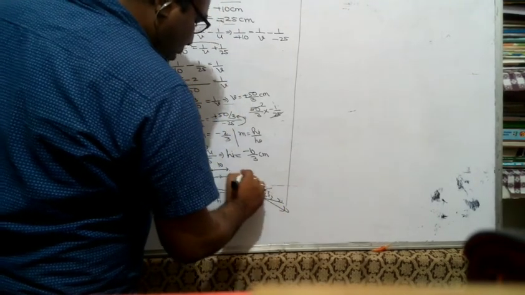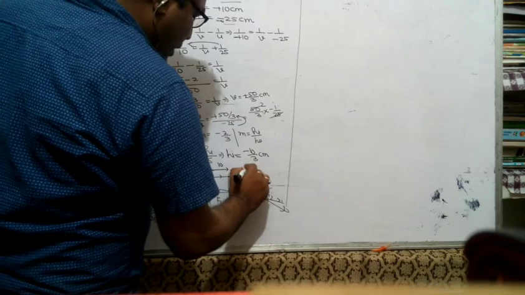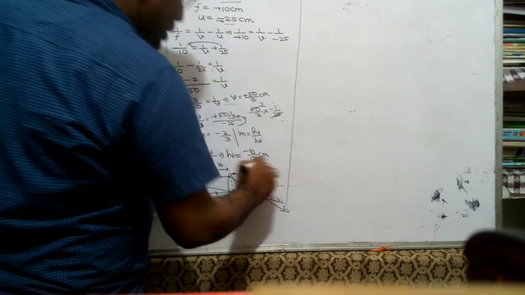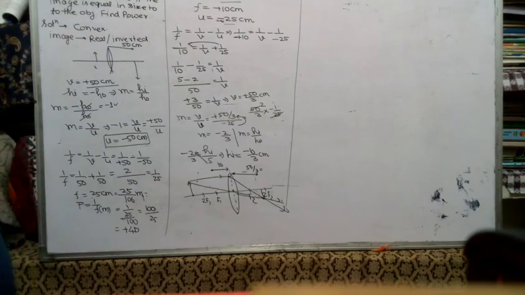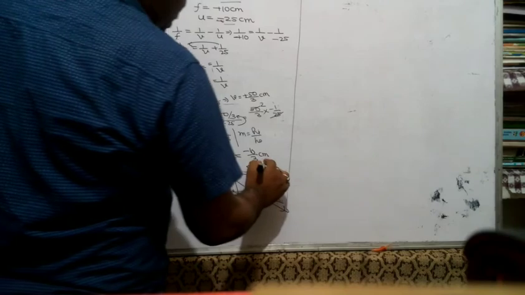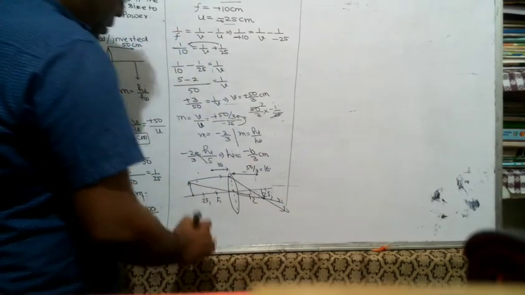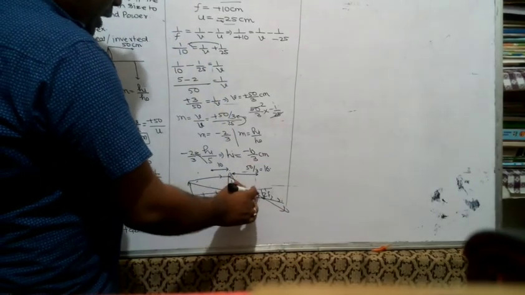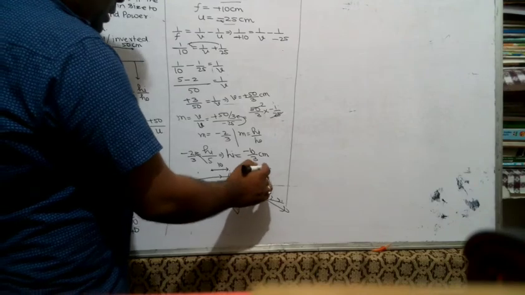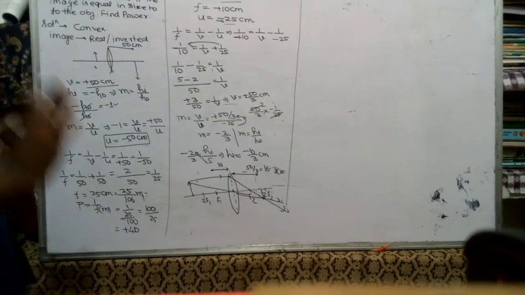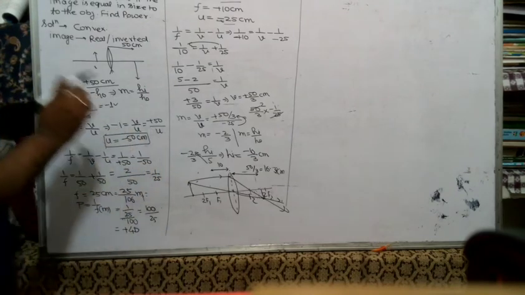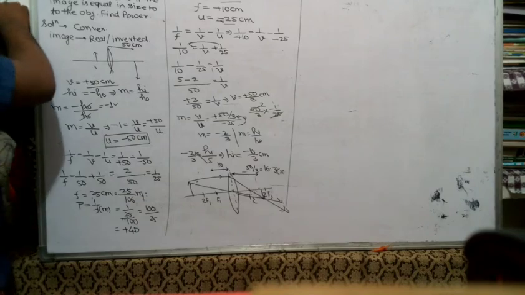And you know, if you measure this image distance, it will come around 50/3. 50/3 means, beta, 16 point something, 10, 20, that means 16. So this is 16.33 centimeter. I hope question number 10 is also clear. Now the next question and the last question.